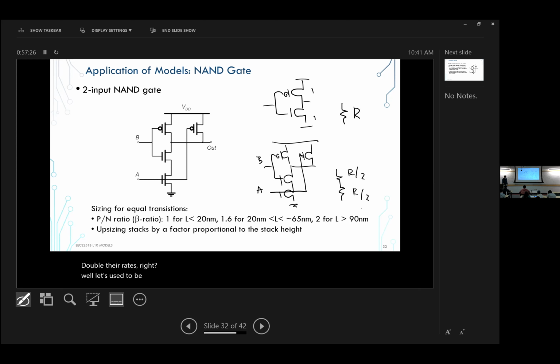And let's see what is the problem with that. So if I make each one of these two wider, they'll definitely have lower resistance. But at the same time, take a look at this. I put two transistors on top of each other. The electric field that governs the amount of charge that is in there and governs the currents that are inside of there is less. Each transistor sees less of a charge and less of a field.